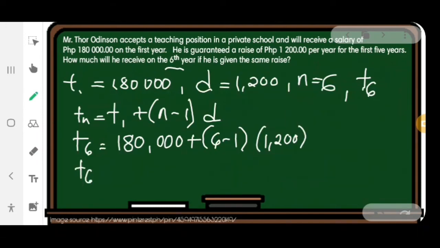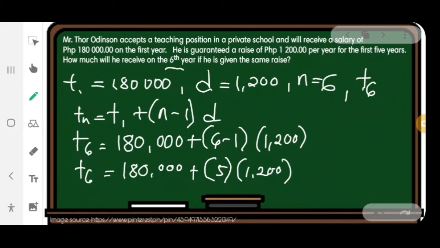So t sub 6 is equal to 180,000 plus 6 minus 1 is 5 times 1,200. So t sub 6 here is 180,000 plus 5 times 1,200 is 6,000.